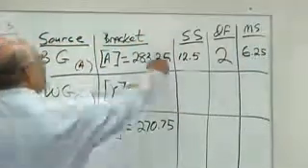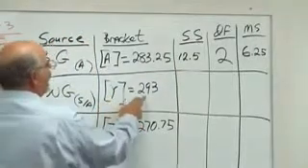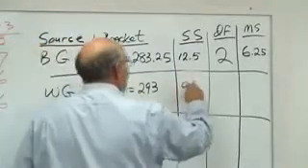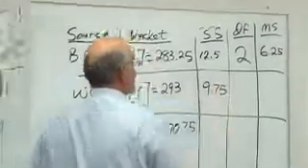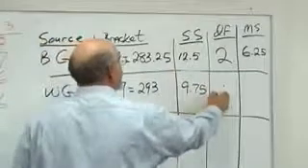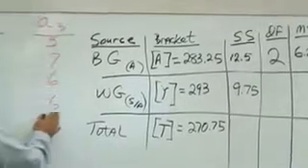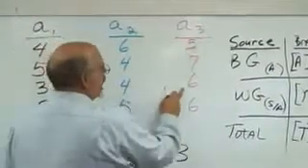The within group sum of squares is Y minus A. That looks like 9.75. The degrees of freedom for the within group is A times N minus 1. A is 1, 2, 3. N is the number per group.